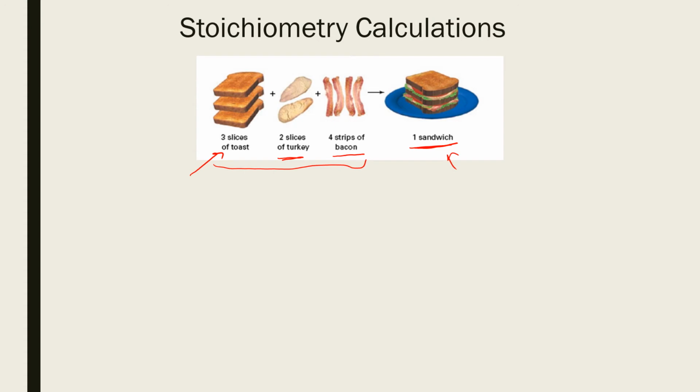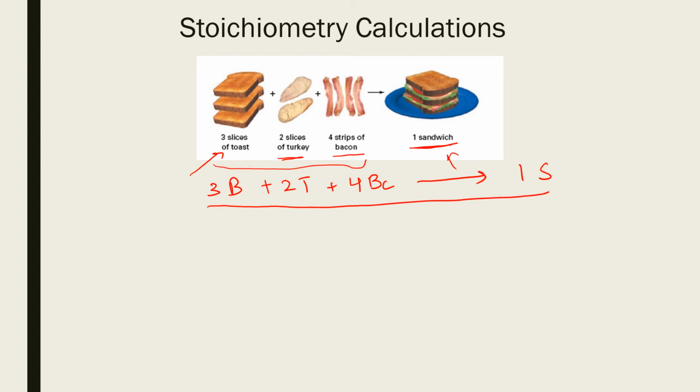So we can say that 3 bread, B for bread, plus 2 turkey, plus 4 BC is bacon, gives us one sandwich. So this would be our equation to make the sandwich. It's a balanced equation, imagine.